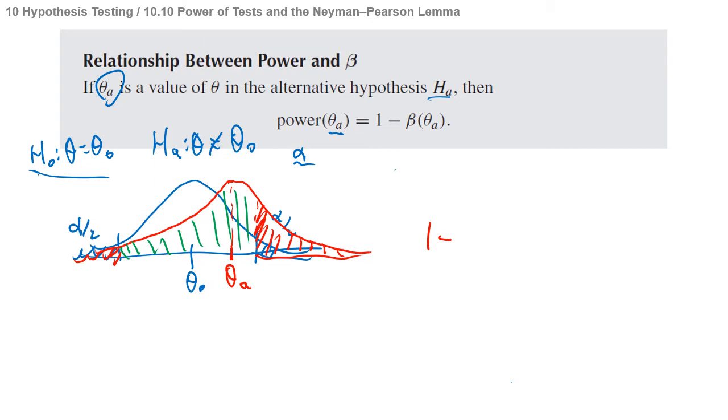So the green area is the probability of accepting H0 when H1 is true. The green area is beta, the type 2 error rate, and so we can represent the power of a test as 1 minus beta. So this is the relationship between power and beta.